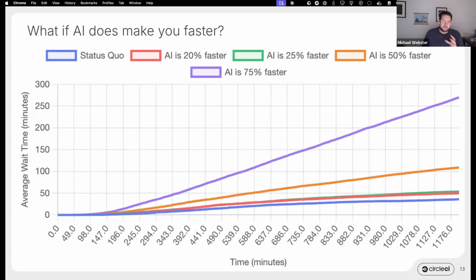Even at a 20% increase, every day you end with a backlog of work that's waiting to go into production the next day. It becomes an unstable system relatively quickly, and it just gets more unstable faster as you speed up delivery from AI.